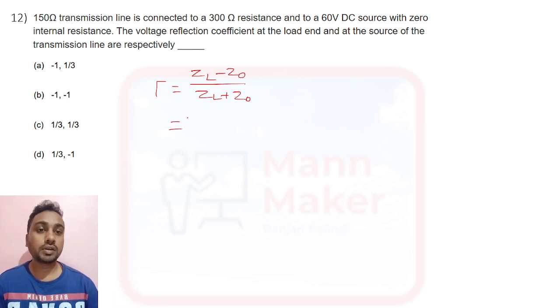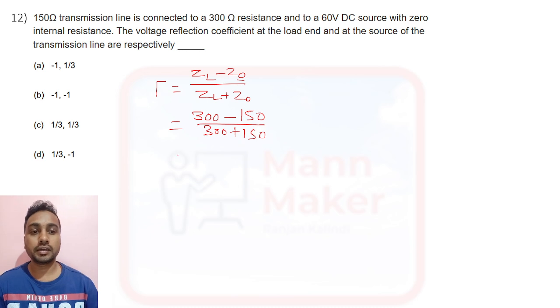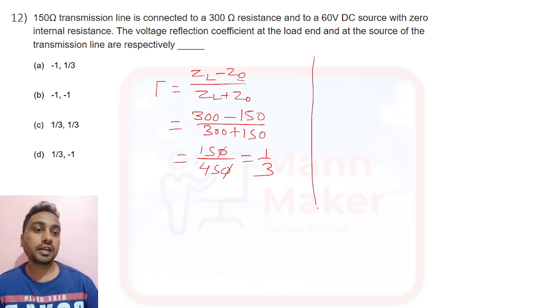So here the load impedance is given as 300 ohm, minus the characteristic impedance of 150, divided by 300 plus 150. So it will be 150 divided by 450, which is 1 by 3, in the first case. Again, in the second case, they have told us a 60-volt DC source with zero internal resistance.